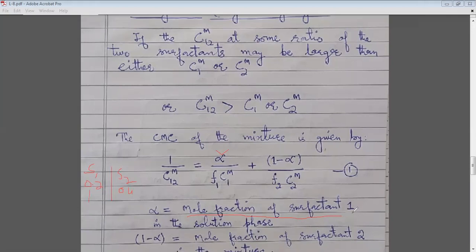Mole fraction of only surfactant 1. You have to consider only 1. Because you know in a mixture the total mole fraction will be equal to 1, for the second it will be 1 minus alpha. Okay, F1 and F2 are the activity coefficients for surfactant 1 and surfactant 2.